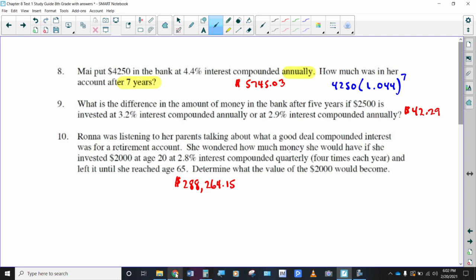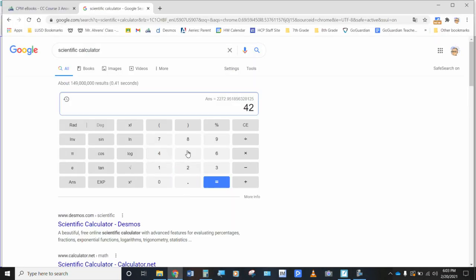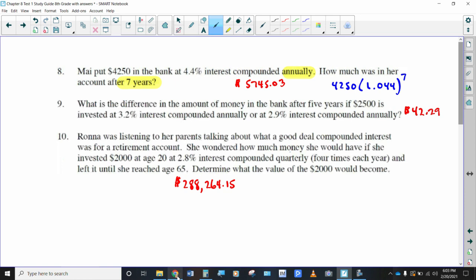Put all that into your scientific calculator: 4250, 1.044 raised to the 7th power. It's going to be $5,745.03.